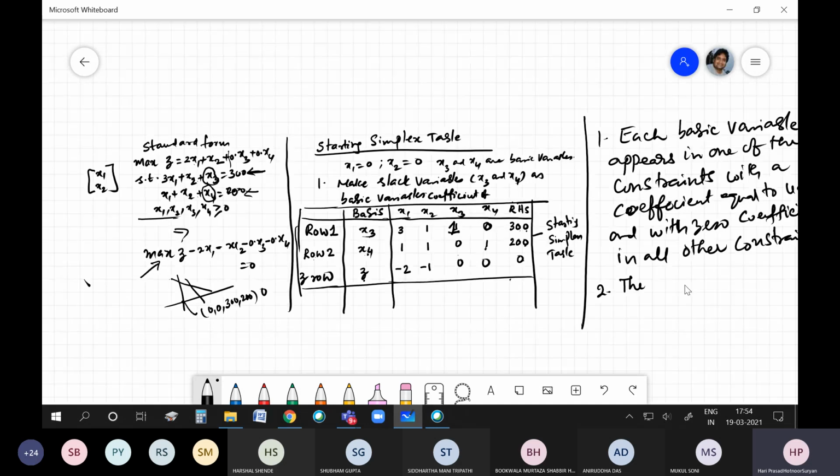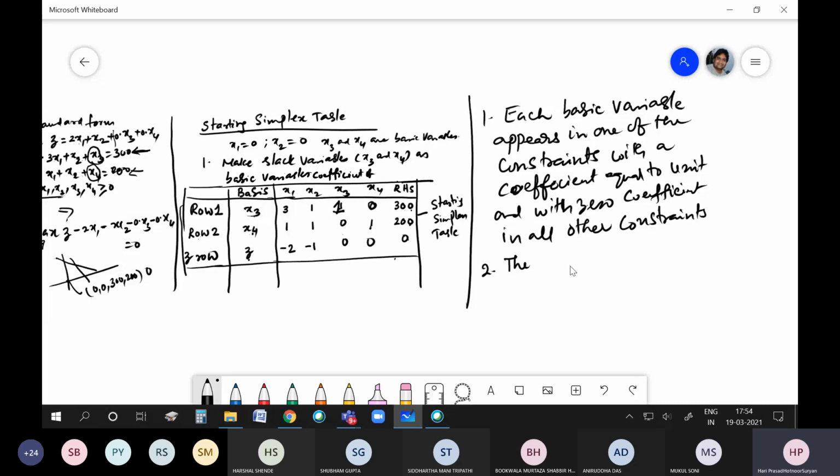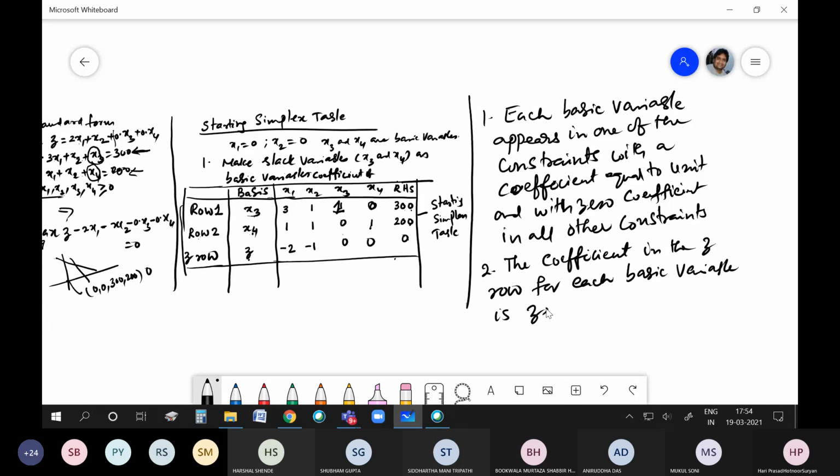I want to shift it here. The second property of this simplex table is that the coefficient in the Z row for each basic variable is 0. What does it mean?